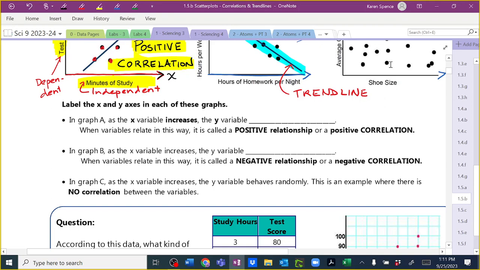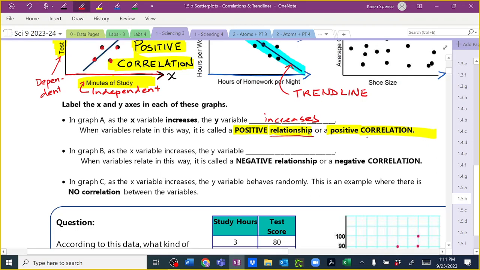Okay, in graph A, as the x variable increases, the y variable increases, and that means we have a positive relationship or a positive correlation. Relationship and correlation, those two words essentially mean the same thing.